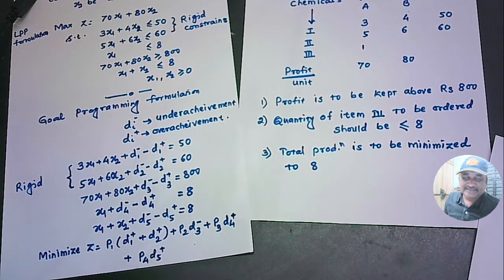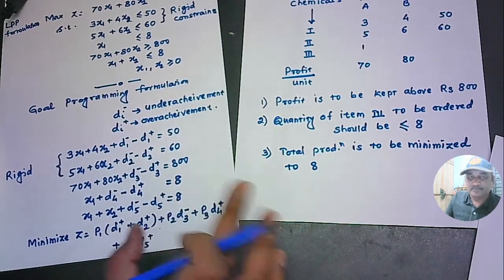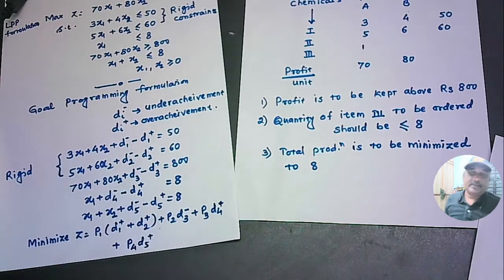Once the formulation is done, solving this by simplex method won't be difficult. But this is not the problem which I'll be solving by simplex method. I'll be solving another problem by simplex method. Simplex method, you know. So formulation becomes very important, and you know by now the unusualness of the formulation. Now we'll be taking another problem and formulating it as a goal programming problem.